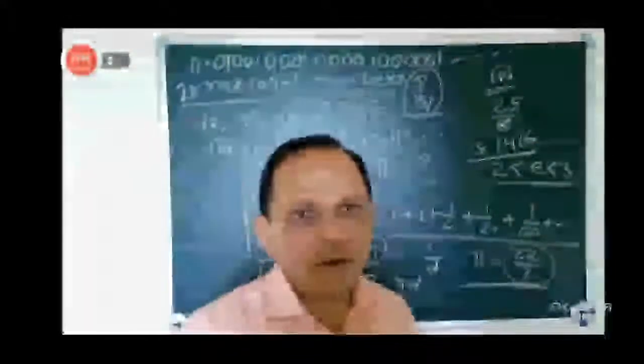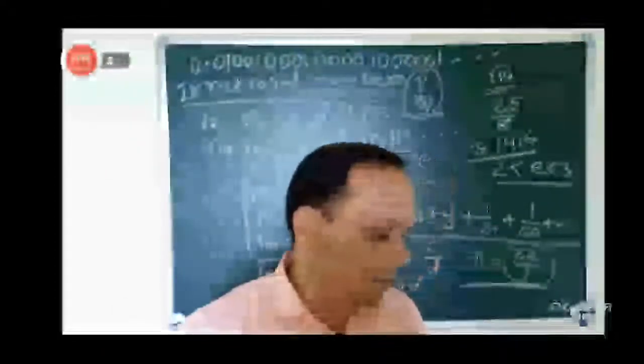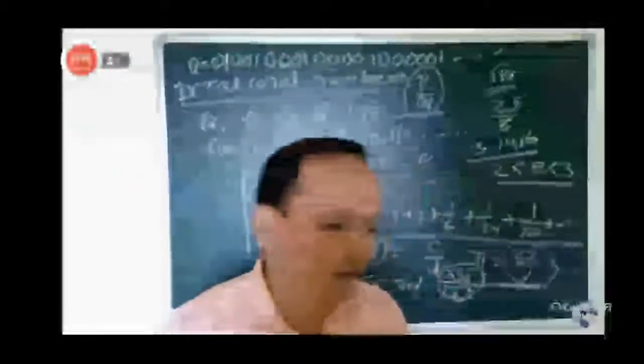It is also used in mensuration. So these are some forms. According to Chung Chi, the value of pi is 335 by 133. According to Aryabhatta, the value of pi equals 62,832 by 20,000.